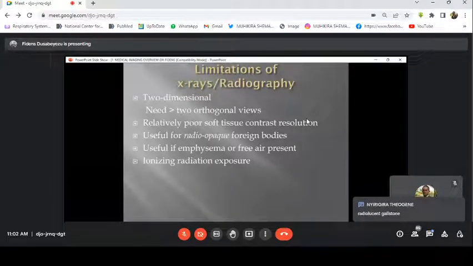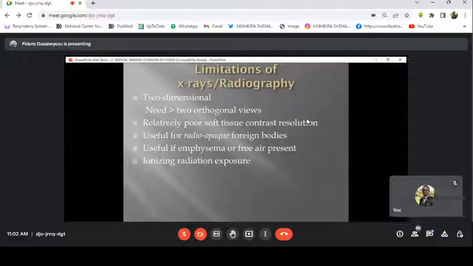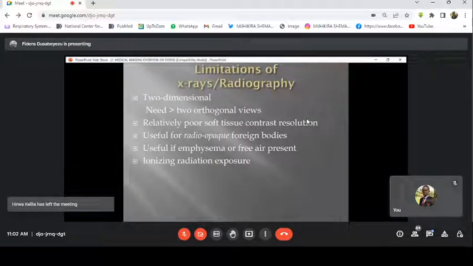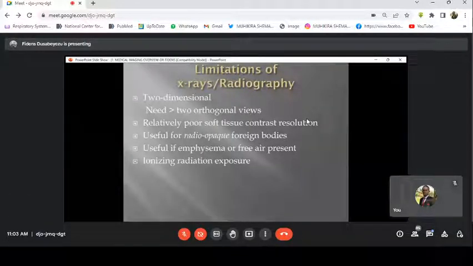Number 4, it is very useful when you have emphysema. Emphysema is air in the soft tissues or in the subcutaneous area, or free air present. When there is no air, for example, someone has had trauma, injury of soft tissues, there is no emphysema, there is no air present, and you do conventional X-ray, you can't know what's going on.